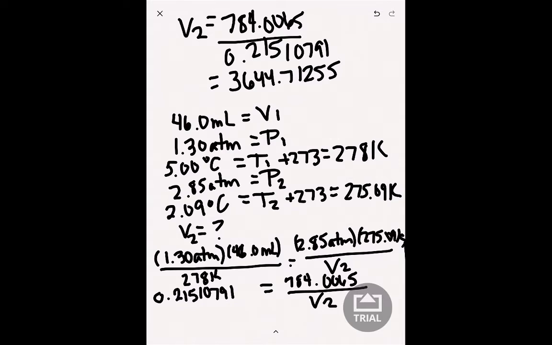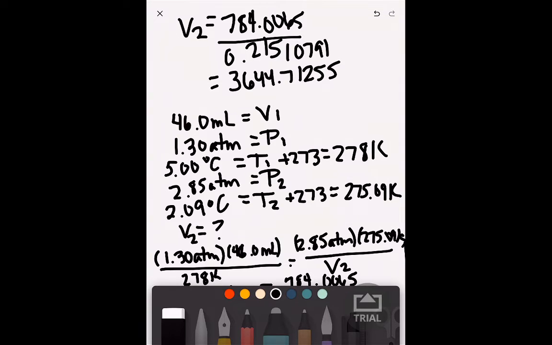P1V1 over T1 equals P2V2. Oh, I see what I did wrong. And you guys probably noticed it already, but temperature should be on the bottom here. So of course I messed up. But see how I figured out how I messed up?